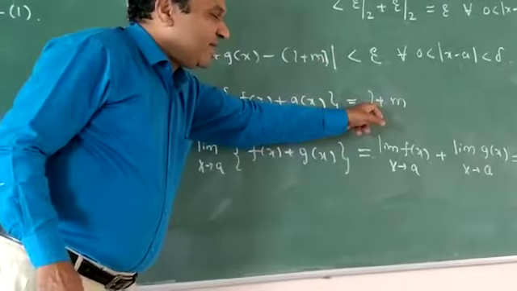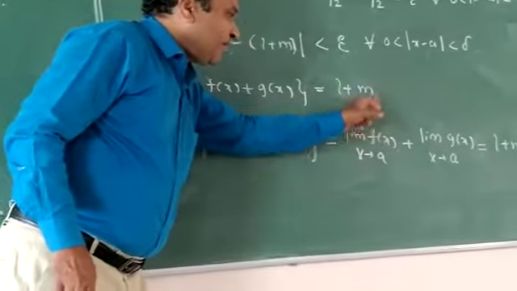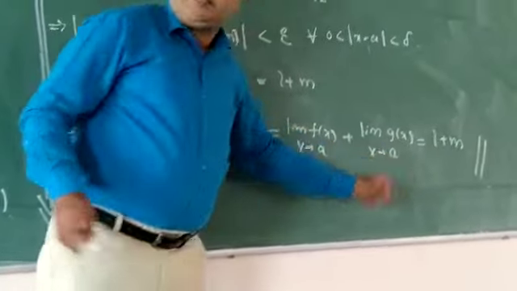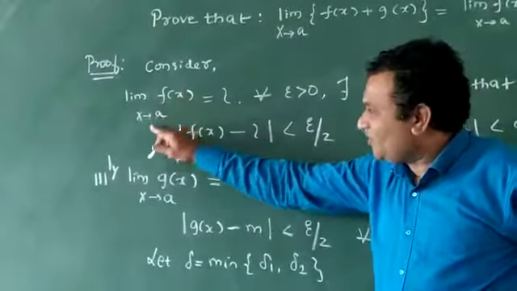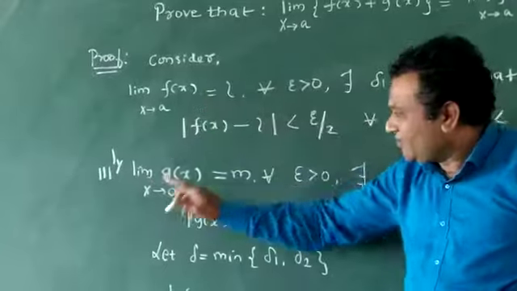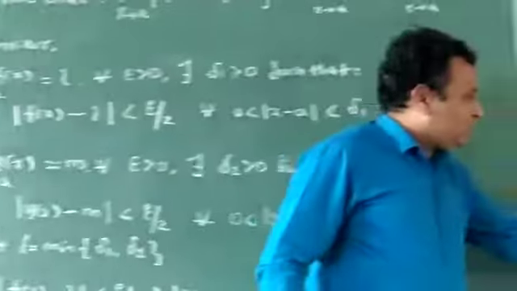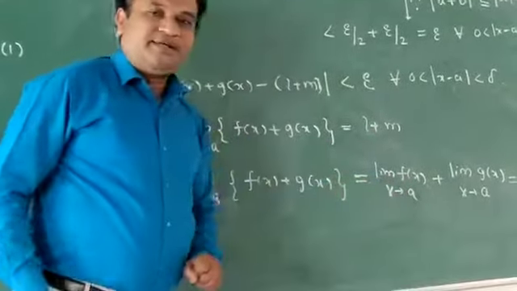L is the limit of f of x as x tends to a, and m is the limit of g of x as x tends to a, as we considered at the start. Substituting these values, we get the result.